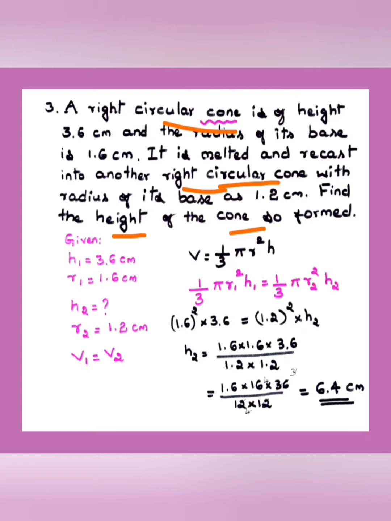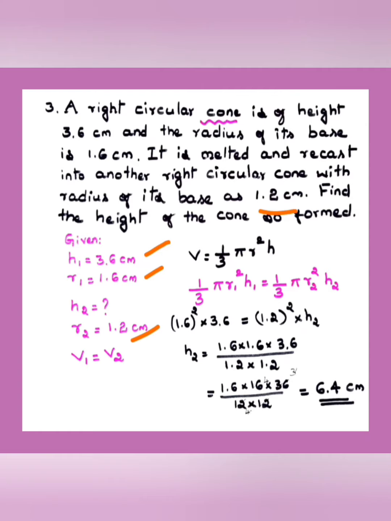So what is given? A right circular cone is of height 3.6 centimeter. So let us take for the first cone height H1 is 3.6 centimeter. The radius of its base is 1.6 centimeter. So R1 let us take as 1.6 centimeter. It is melted and recast into another right circular cone with radius of its base 1.2 centimeter.